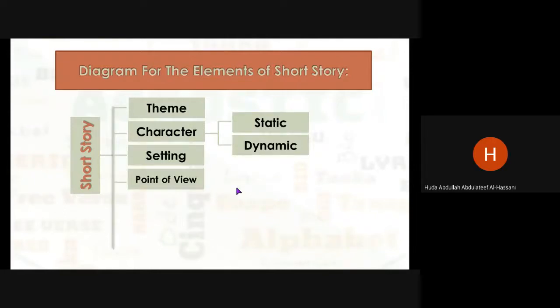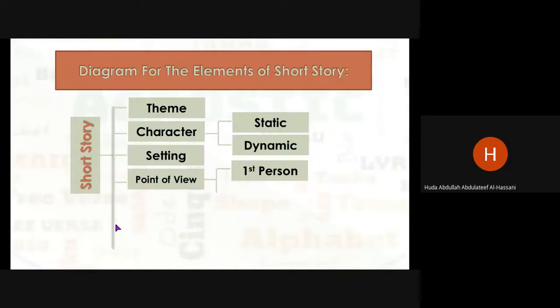Another important element is point of view. The point of view here is important because we have three important or two important point of views. First person, this means that I will write my story using the first person.